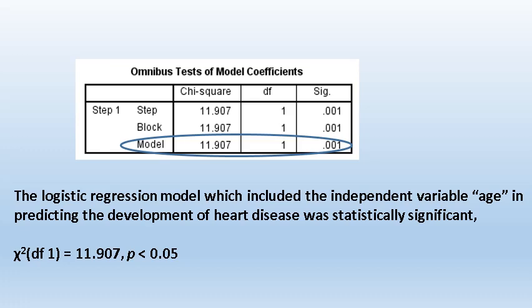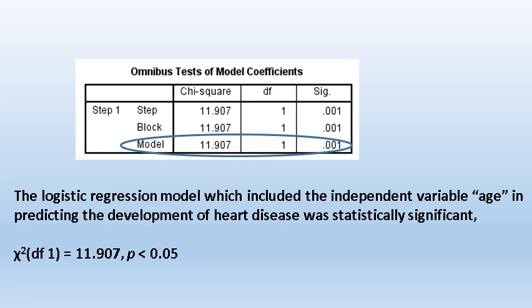significant. Please keep in mind, for Hosmer and Lemeshow goodness-of-fit, you have to check if the significance value is more than 0.05. Here in the chi-square test, you have to check if the model significance value is less than 0.05.